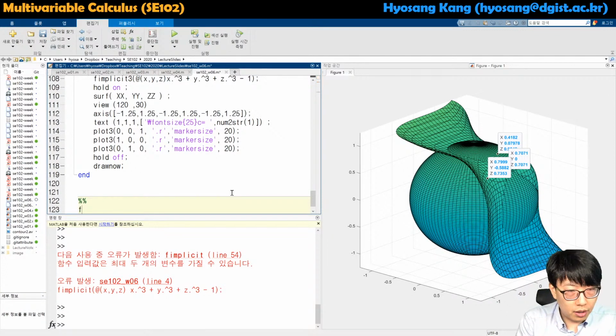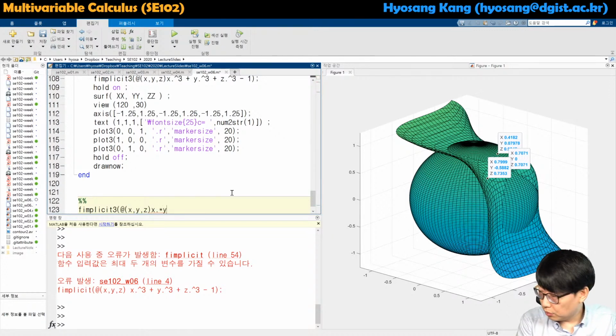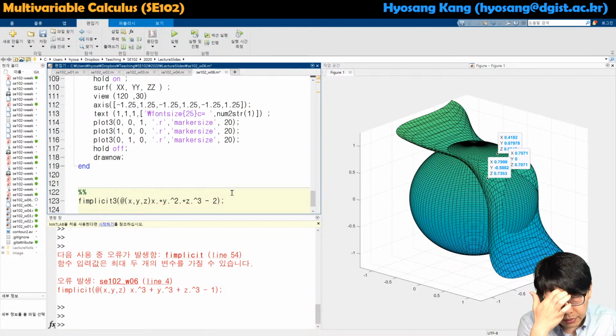So let me draw f implicit picture x, y, z minus 2. This method, f implicit 3, graphs the implicit plot of the function.